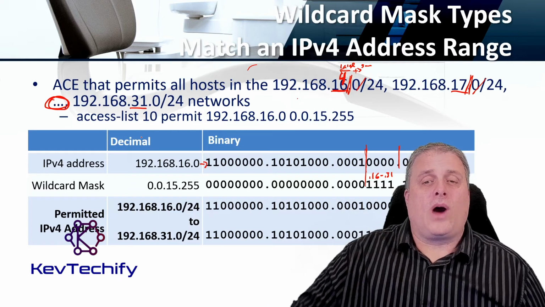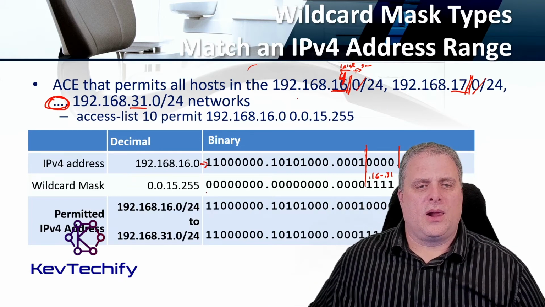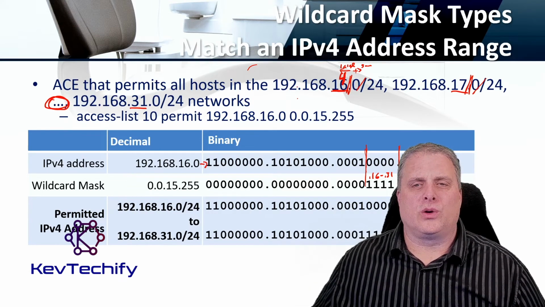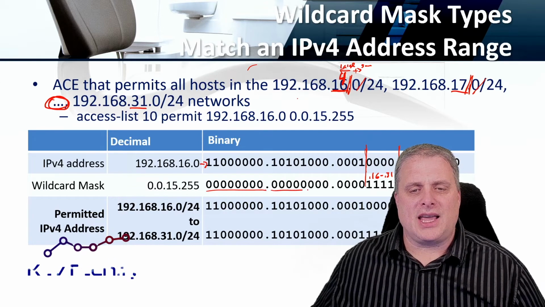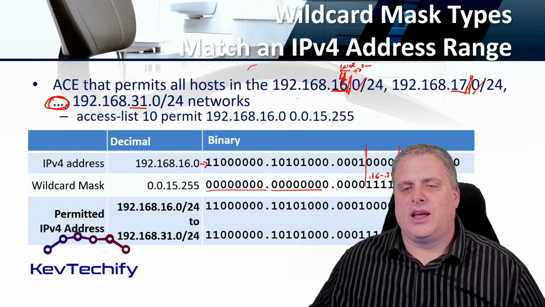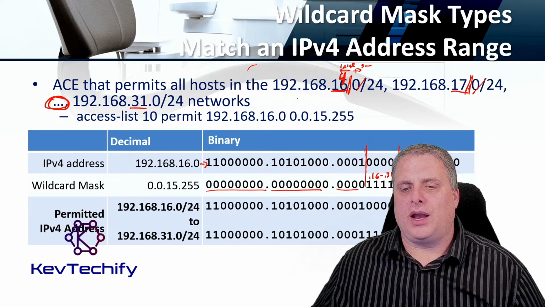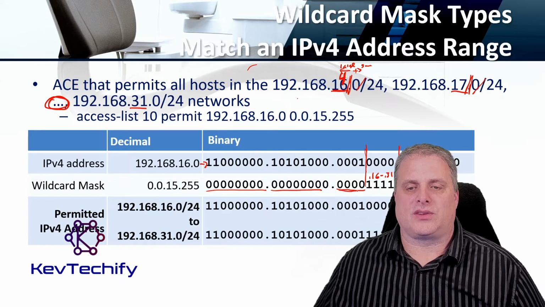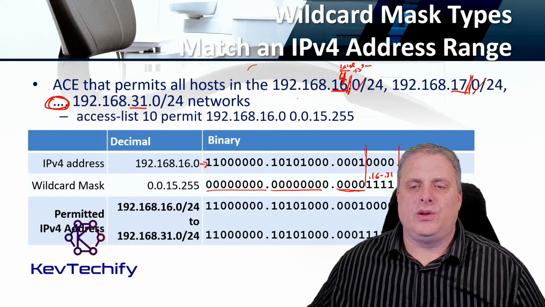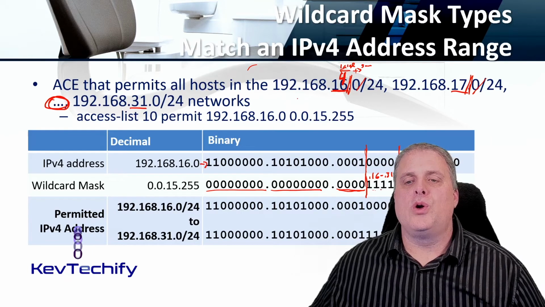Now, to create our wildcard mask, once again, we have to permit all of these hosts. So we have to compare the first octet, the second octet, and then in the third octet, the first four bits. But after the first four bits, we don't care what the rest are. We can ignore those.